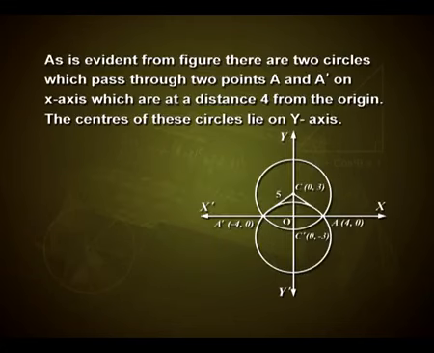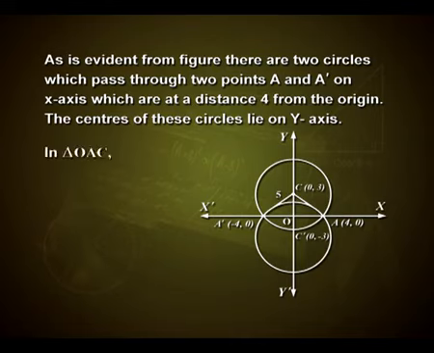As it is evident from the figure, there are 2 circles which pass through 2 points A and A dash on the x axis which are at a distance 4 from the origin. The centers of these circles lie on the y axis.